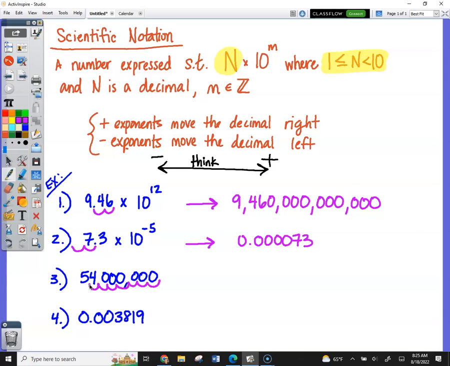The expanded form was the big number, right? So we need a positive exponent. So this is where you really don't focus on what direction you're going when you count. You don't focus on the direction you're going when you're counting, when you're going from expanded to scientific. You focus on, did the number get bigger or smaller?